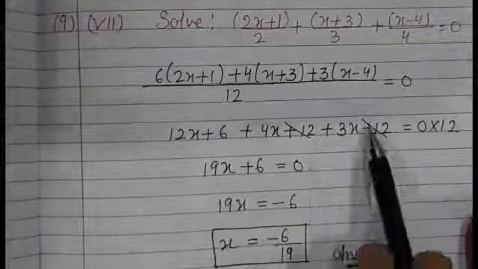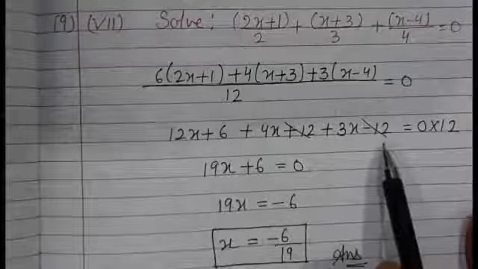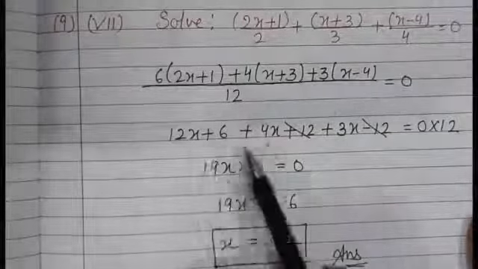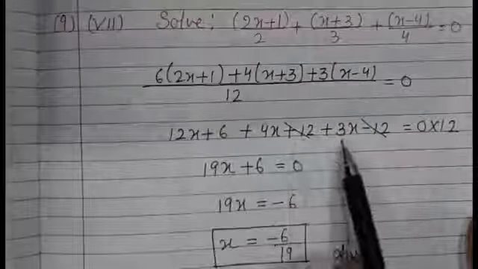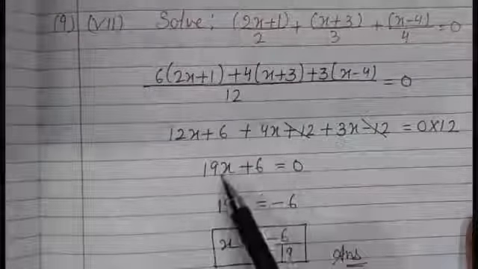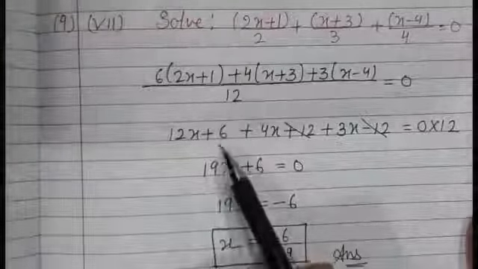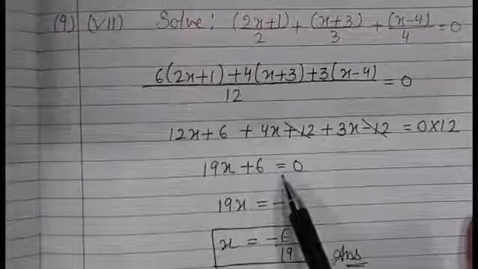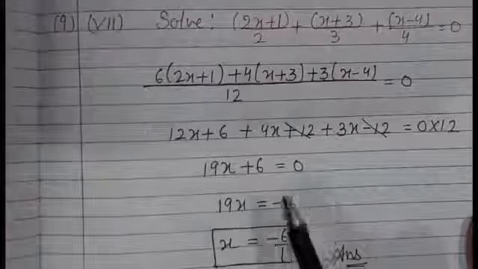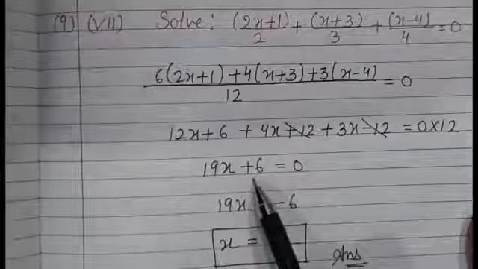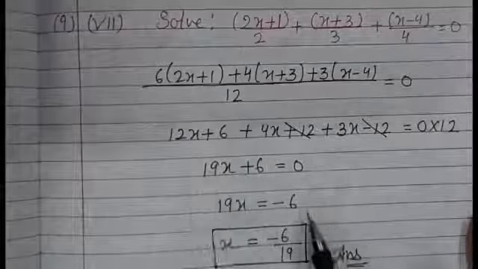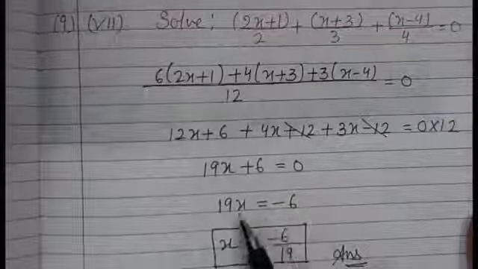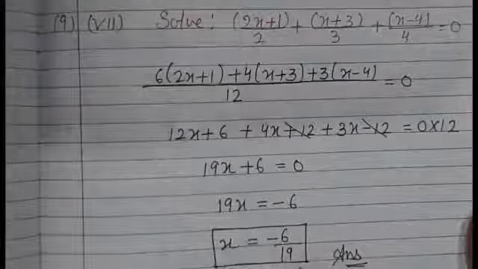And plus 12 minus 12 we can cancel out. 12x plus 4x plus 3x will be 19x plus 6 equals 0, right? Now transpose plus 6 from the left hand side to the right hand side, we have to subtract. Value of x will be minus 6 by 19.